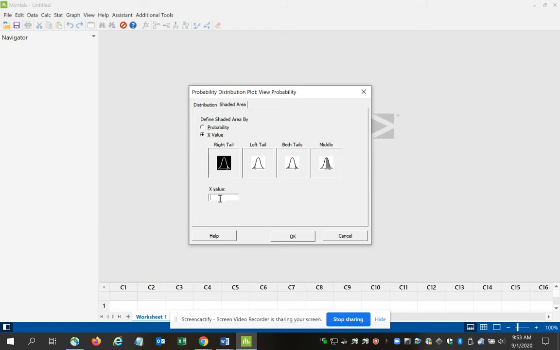The X value is 1, and I wanted it to be less than, so it's on the left. The shaded region was to the left. You have to make a lot of selections, and that's why the picture helps you ahead of time. So left tail, with an X value of 1, and I'm going to click OK.